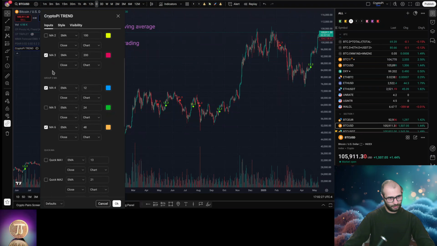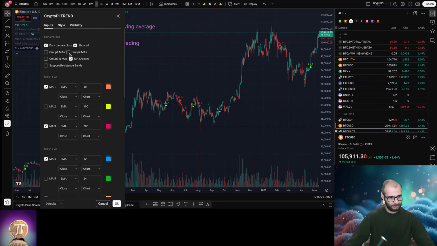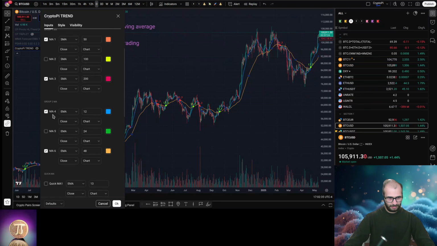So let's switch on group 2 to visualize it better. Whenever the 12 exponential moving average, that is the fast moving average, crosses over 48 exponential moving average, it will indicate L13.